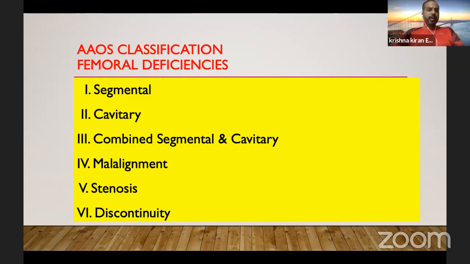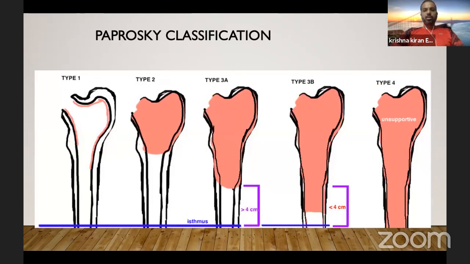Now we have the American Academy of Orthopedic Surgeons classification system for femoral deficiencies. They classified them into segmental, cavitary, combined, malalignment, where there is a varus or valgus malalignment of the femur, stenosis, and discontinuity. So this is a reasonable classification system, but the one which we normally use, as always, is the Paprosky classification system.